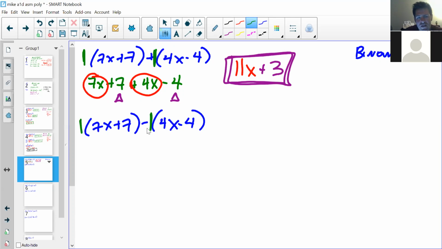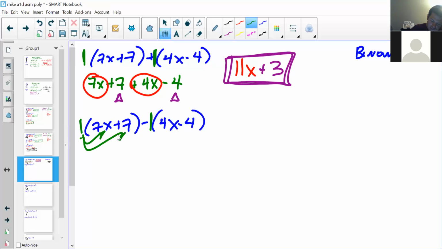In the next example down, very similar in that both of those parentheses would technically have a 1 in front of them, but the second parenthesis, it's not really a 1, it's actually a negative 1 because of the minus sign separating the two parentheses. So we know this is some sort of subtraction going on here because of the minus sign in between the two sets of parentheses. But let's go ahead and distribute the 1s out.